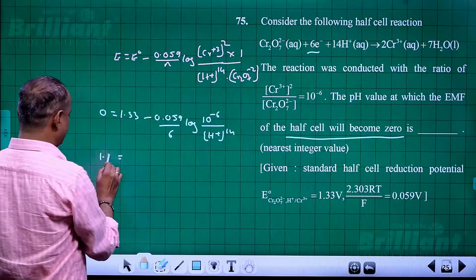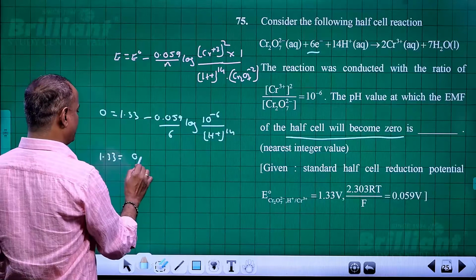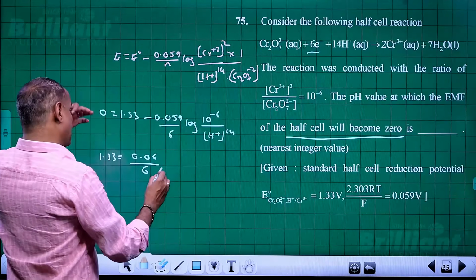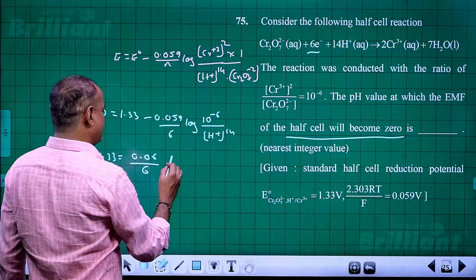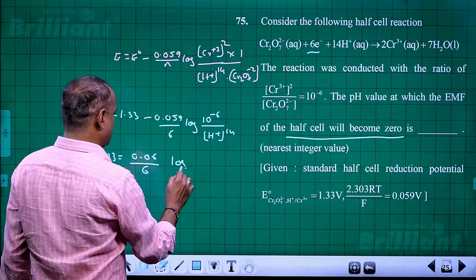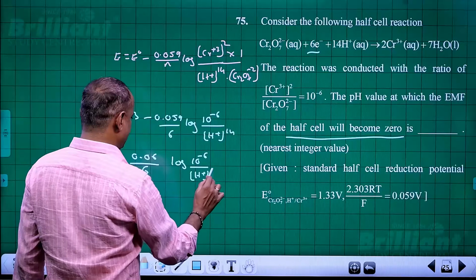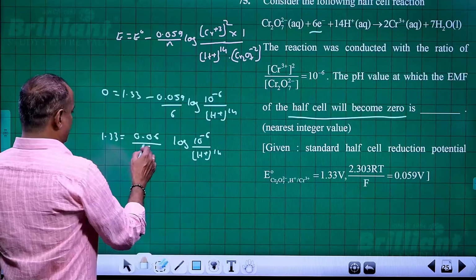So 1.33 is equal to 0.06 by 6 log, we take the same, 10 raised to minus 6 by H plus raised to 14. 0.06 by 6 is 0.01.